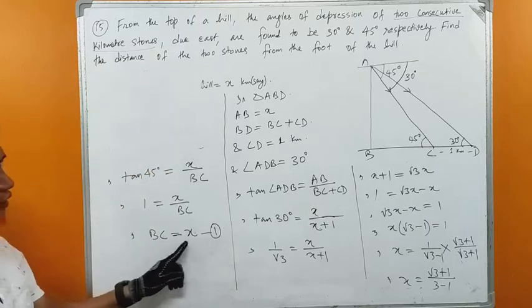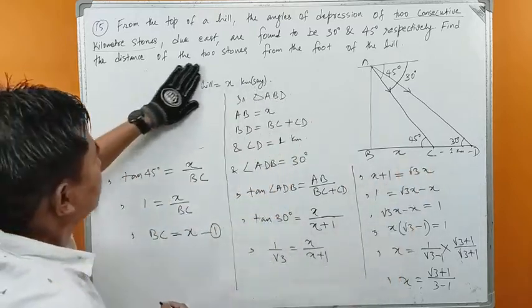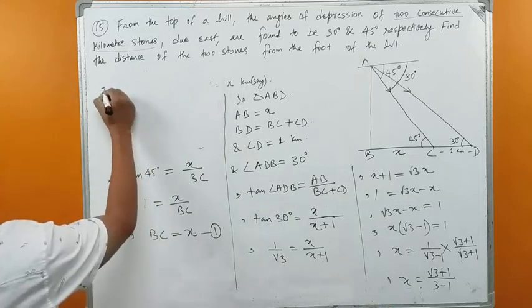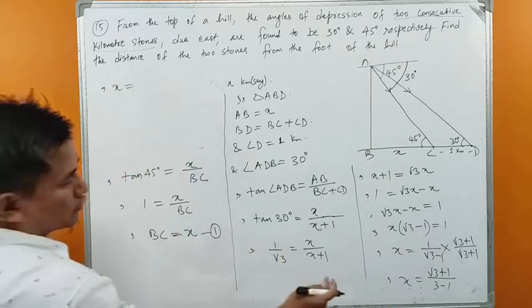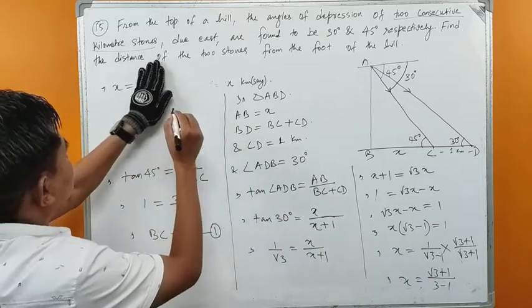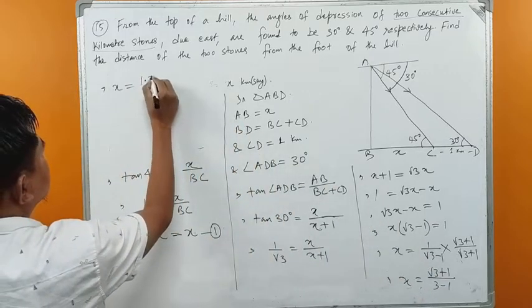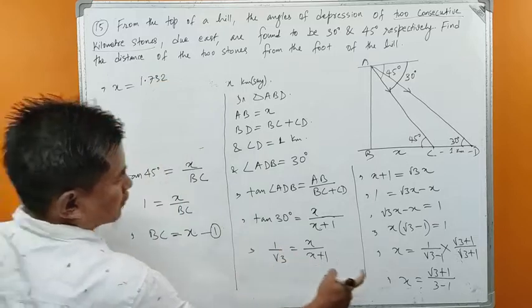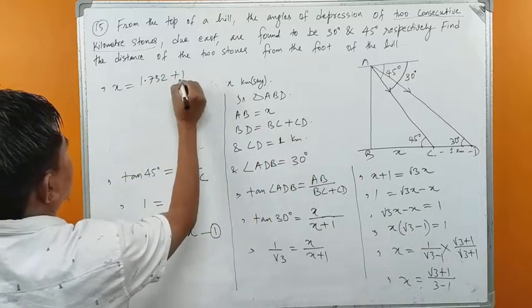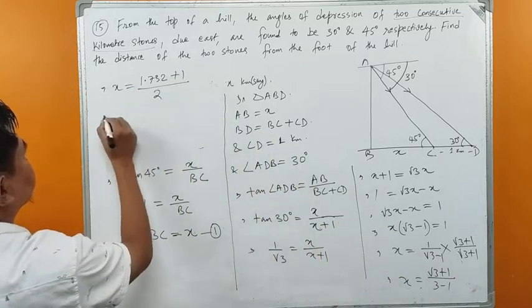Please keep in mind BC equals x, which we found in equation 1. Continuing here, x equals root 3 plus 1 divided by 3 minus 1, which is 2.